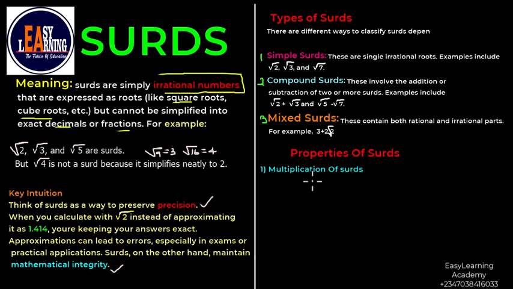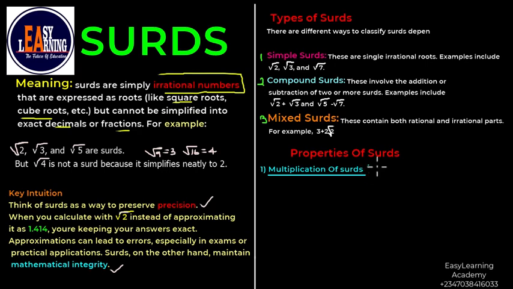The first property we're going to look at is the multiplication of surds. What do we mean when we say multiplication of surds? Let's look at that property.